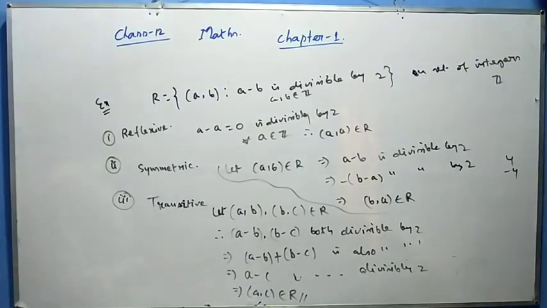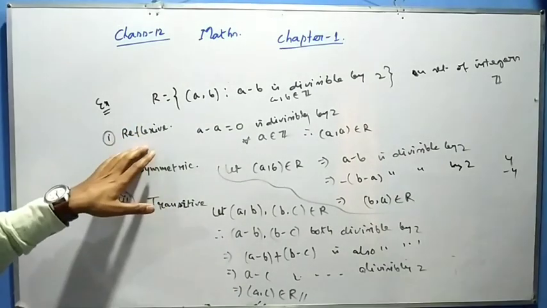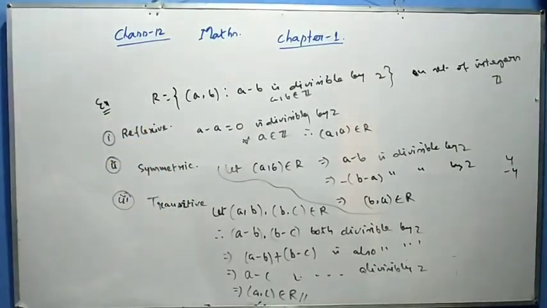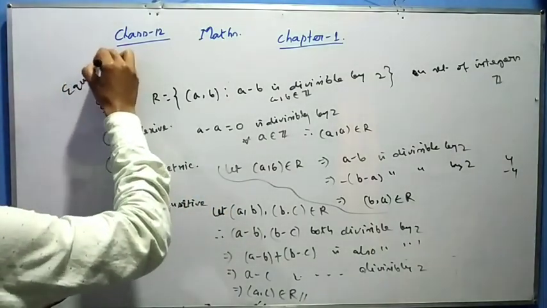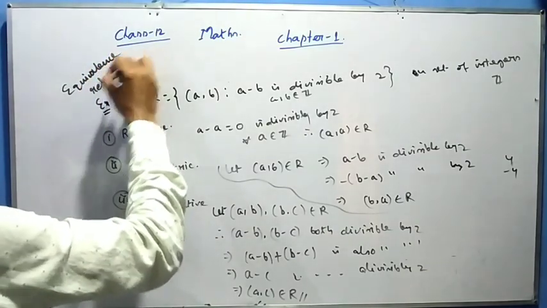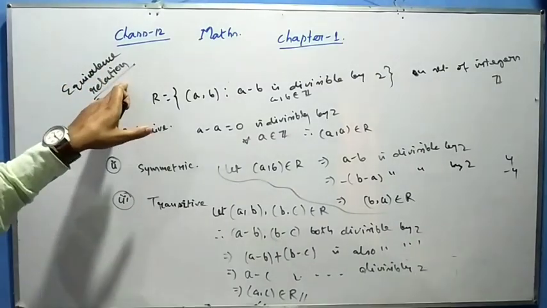If a relation is given and that relation is reflexive, symmetric and transitive, all three properties satisfied, then this type of relation is called an equivalence relation. What is the definition of an equivalence relation?